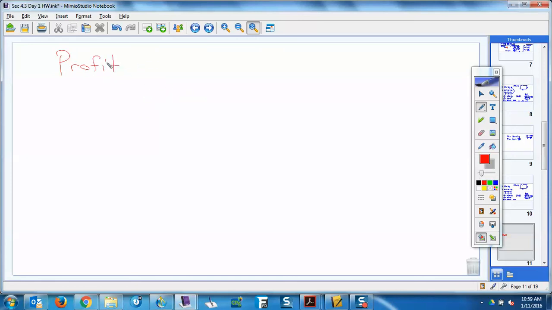Obviously, profit. Now, profit is equal to your revenue minus cost. Revenue is money coming in and cost is like expenses, that sort of thing.